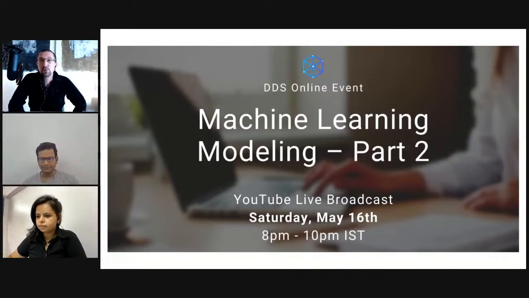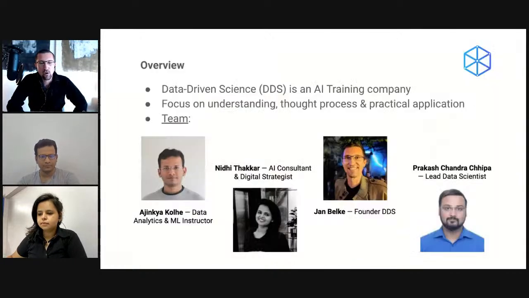Some of you joined already last week, so they know us, they know what we are doing, what data-driven science is. But for all of you for whom it's the first webinar, I want to give a quick overview about the company and also the team. So data-driven science, or DDS, is an artificial intelligence training company.